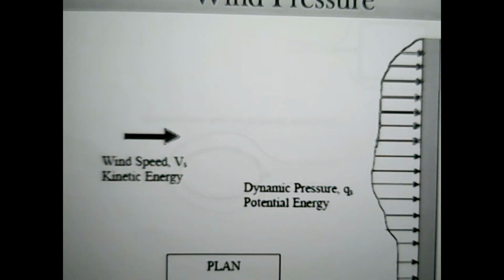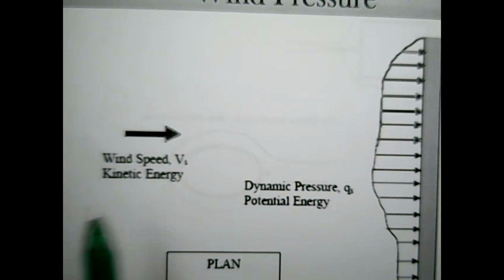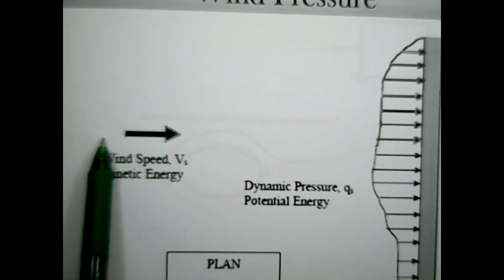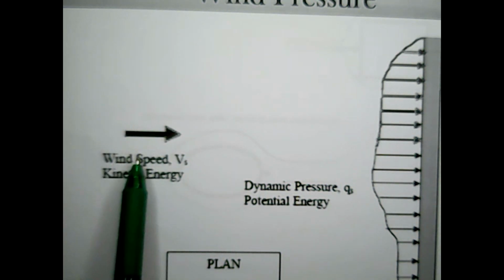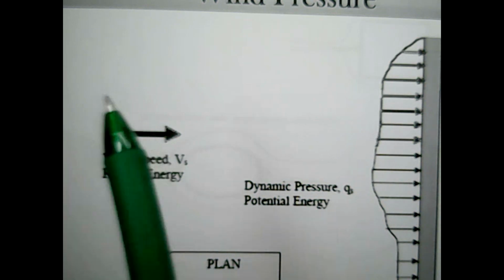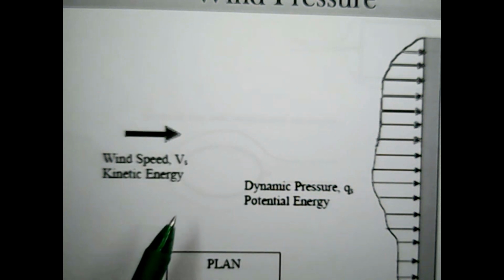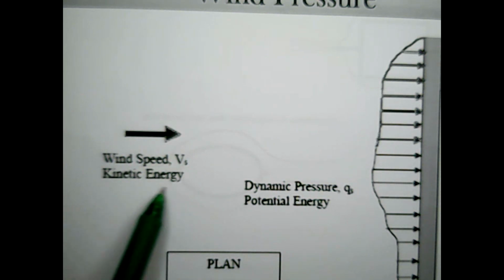So what is wind? Wind is the movement of air mass, and the moving air mass possesses kinetic energy.